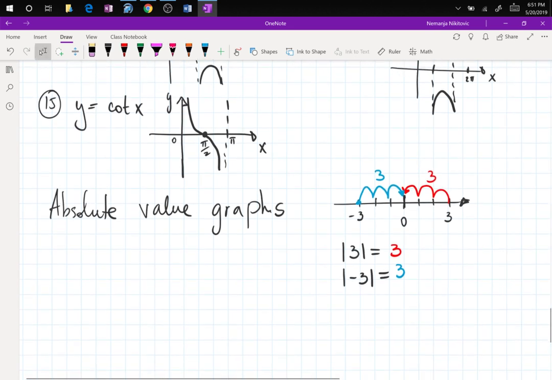Ready for the weird stuff? This 3 and this 3 are not the same 3. What do you mean 3 is not 3? No. The black 3 is a location on the x-axis. The red 3 is the distance.